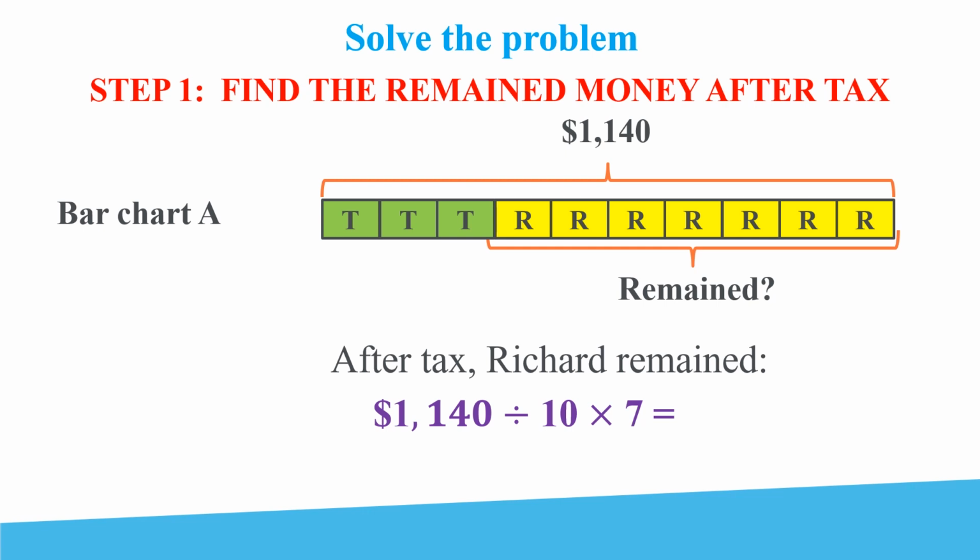And if we do the division and multiplication there, the result is going to be $798. Okay, so this is step 1. But remember, we have step 2 as well. What was step 2? Do you remember?